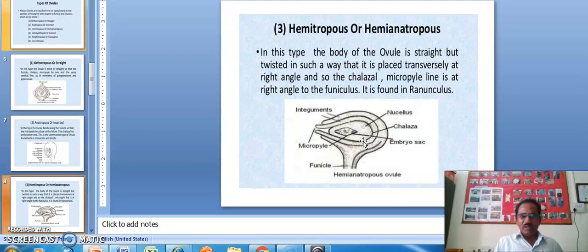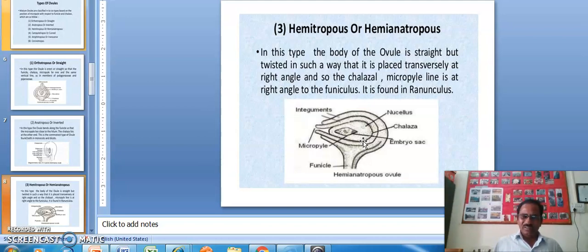Third type, hemitropous or hemianatropous ovule. In this type of ovule, the body of the ovule is straight but twisted in such a way that it is placed transversely at right angle, and the chalaza-micropyle line is at right angle to the funiculus.